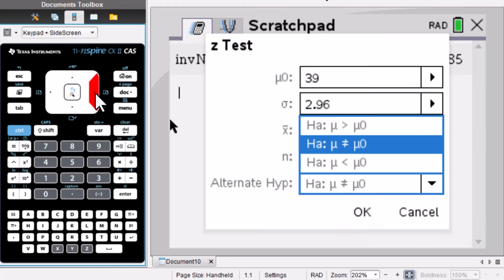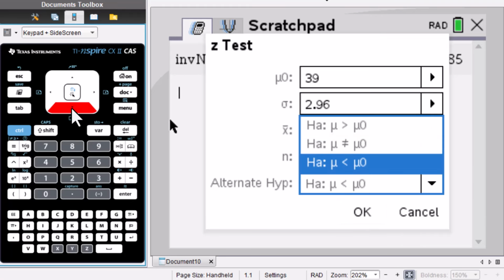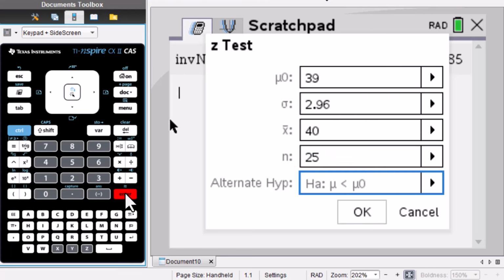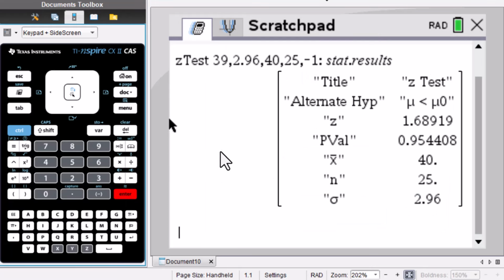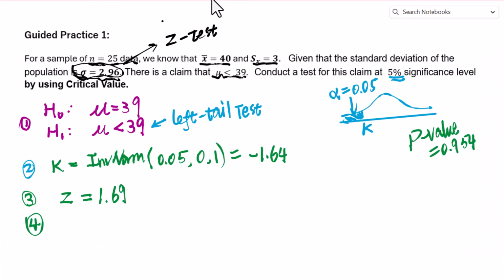H1 is mu less than 39. Then enter. We got z equals 1.69. From calculator, you also got p-value 0.954. Step 4, we can draw the conclusion.